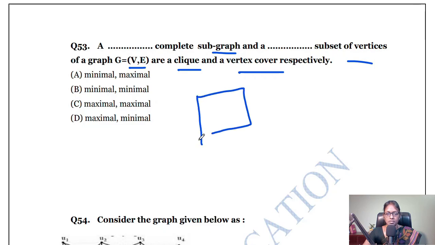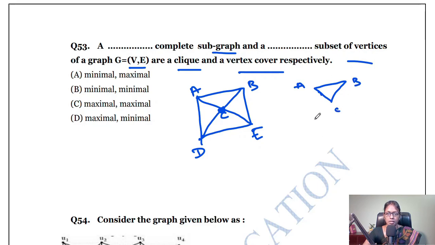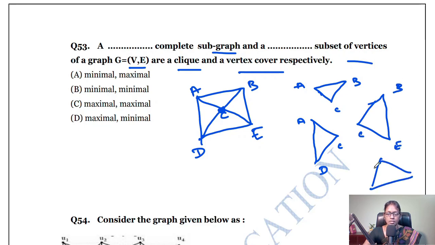For example, consider this graph. This is A, this is B, this is C, this is D, and this is E. Clique means we can take this out: A, B, C, and then we can also draw A, C, D, and B, C, E. So we can split this. This is called a complete subgraph.